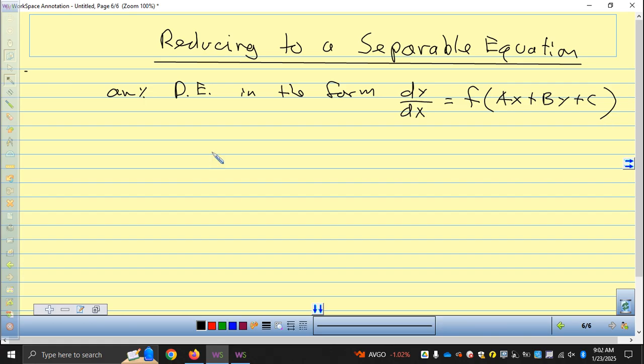Can be made separable by substituting u equals the thing in the parentheses here.